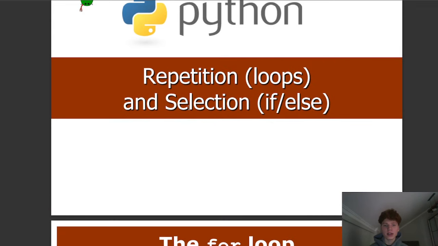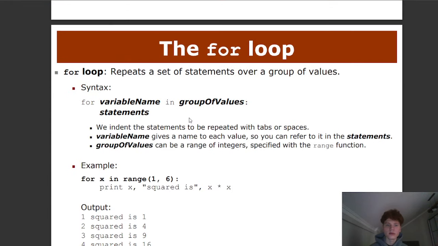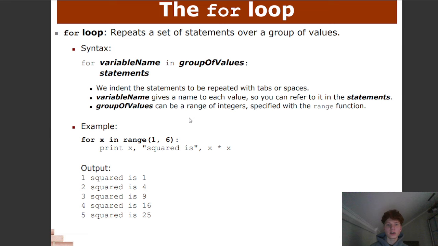Repetition loops and selection, if/else. The for loop. A for loop repeats a set of statements over a group of values. Syntax: for variable_name in group_of_values: statements.